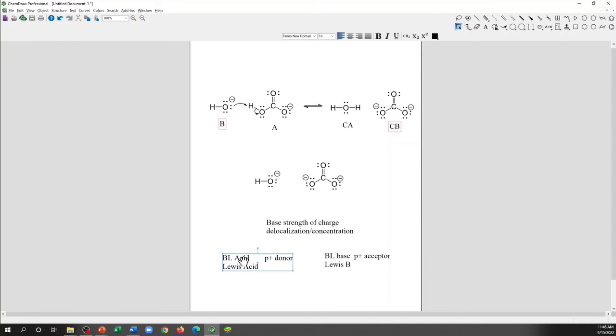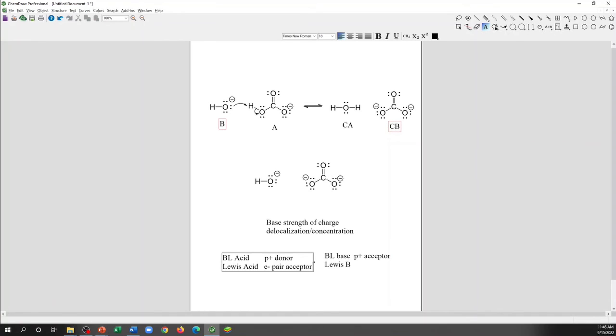BL stands for Bronsted-Lowry. And the definition that Bronsted-Lowry has is a proton donor. Lewis acids are opposites in both ways. So the opposite of a proton is an electron. Electrons always come in pairs, so even though it's not exactly the opposite, we're going to say that the opposite of a proton is an electron pair, and the opposite of a donor is an acceptor.